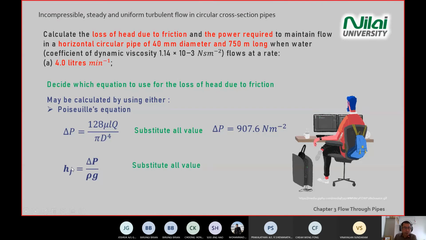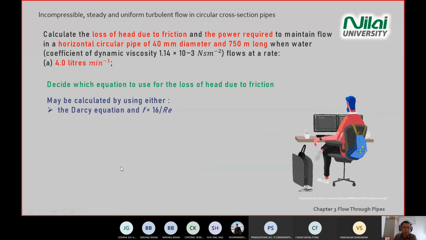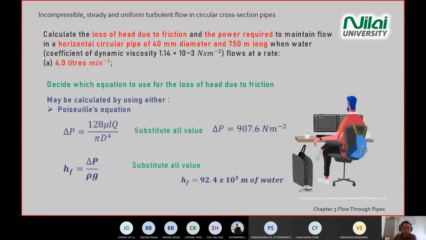And then the friction head loss equals delta P divided by rho g. This one is also inside the slides. So you substitute all the values, you get 92.4 10 power 3 meter of water.